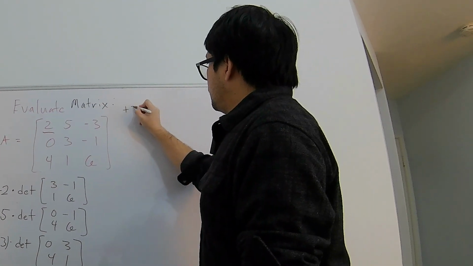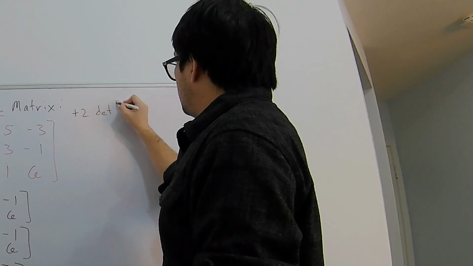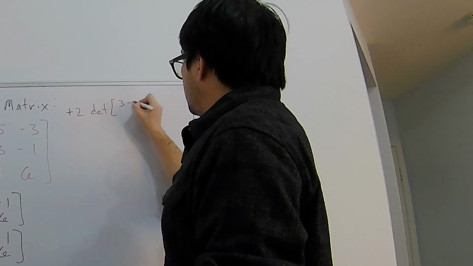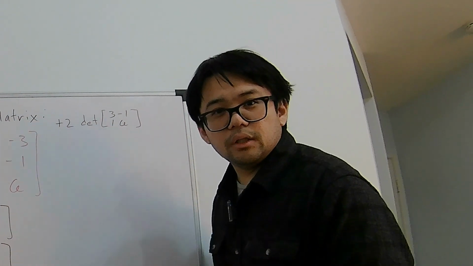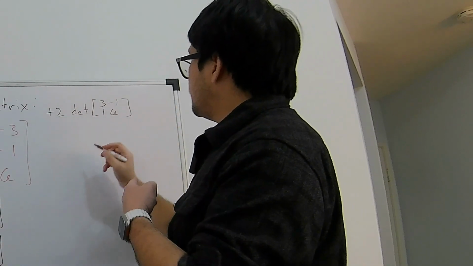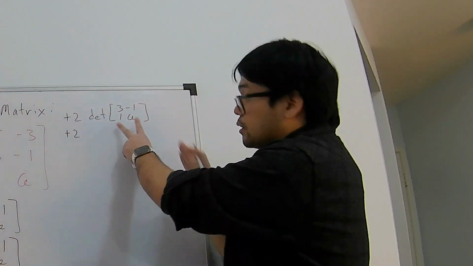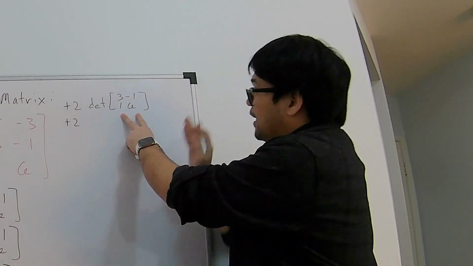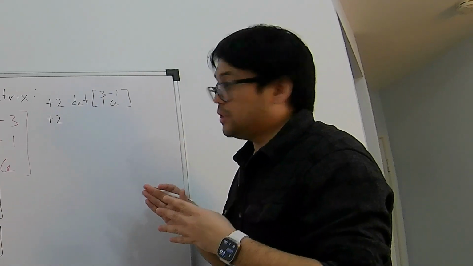We got +2, the determinant of 3, -1, 1, 6. I hope that could be seen. Yeah, it looks like it could be seen. Okay. So you take the determinant, so that's +2. The determinant, this is a 2 by 2 matrix. So as I said before, we needed that information too.